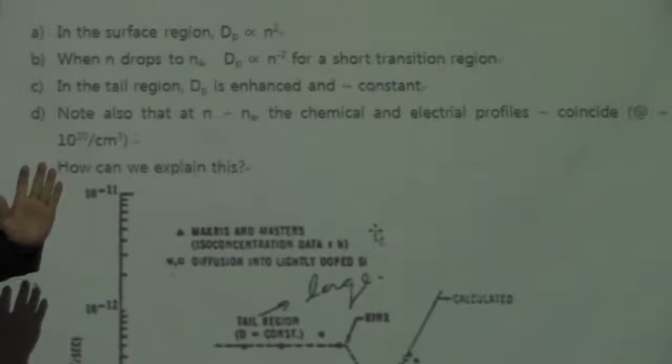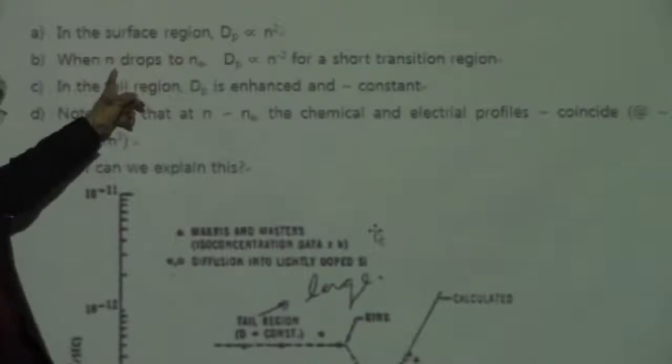But when you move into the depth, the concentration of phosphorus decreases, and we approach the full ionization situation, and in that situation, N is the concentration of phosphorus, and ne is the concentration of electrons.